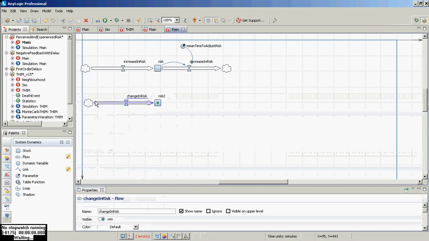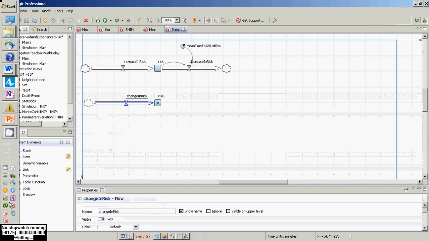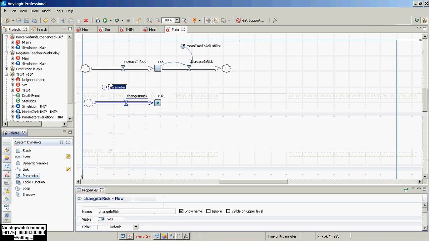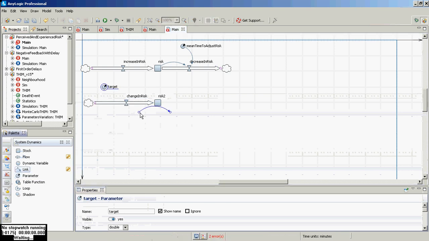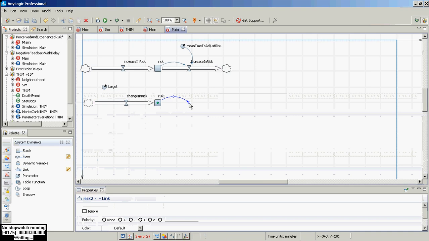And what would dictate that flow? It's based on a target. Good. Oh man, if you remember this, you're going to do well in that final exam.